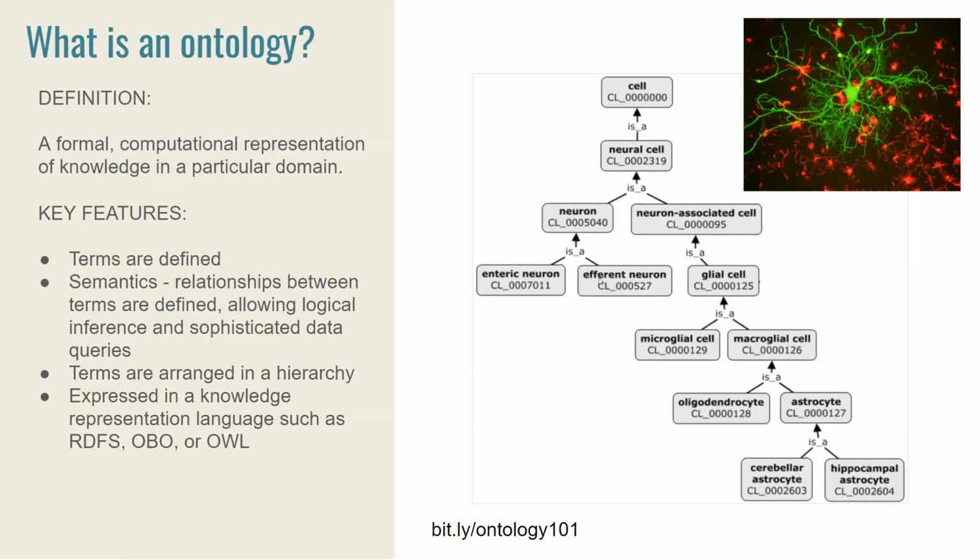These relationships are also accompanied by a series of formal logic rules that a special piece of software called a reasoner can compute over and use. And so while a human can know that an efferent neuron is a type of neuron, if you model that knowledge in this way, then a computer can also make use of that knowledge.